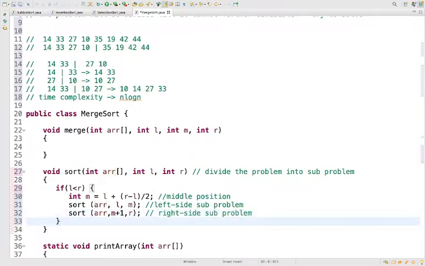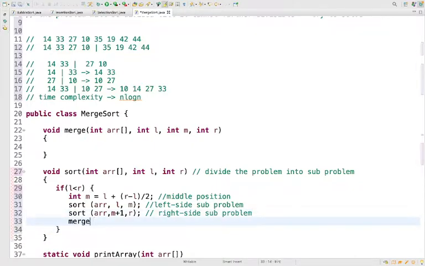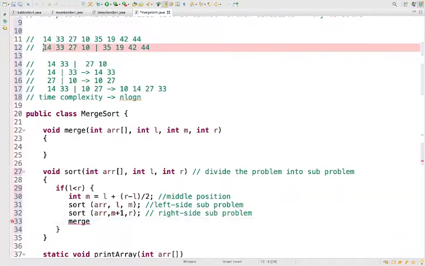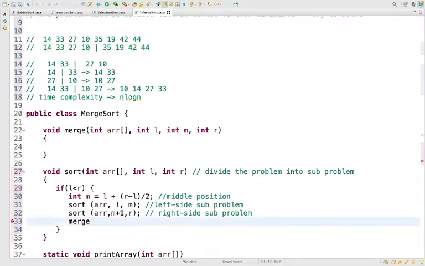Once we divide down to its core functionality, because it's recursive, first it will divide the left side of the problem, then divide the right side of the problem, then we call the merge function, which is the main function. So we put the array, L, middle and R. These are the 3 values that we have to pass.